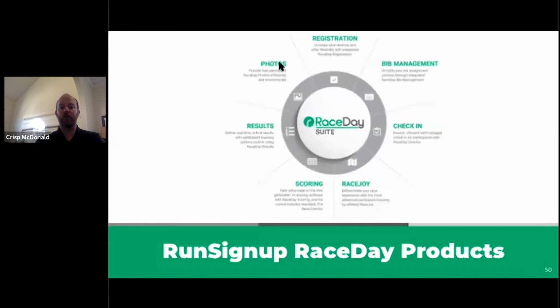And then we also have the photos, which has gotten a great facelift with athletes being able to push up photos, and it's also another selling point to post sponsor logo overlays or event logos on your photos automatically. So just keep that in mind. All those products are available and work seamlessly together.